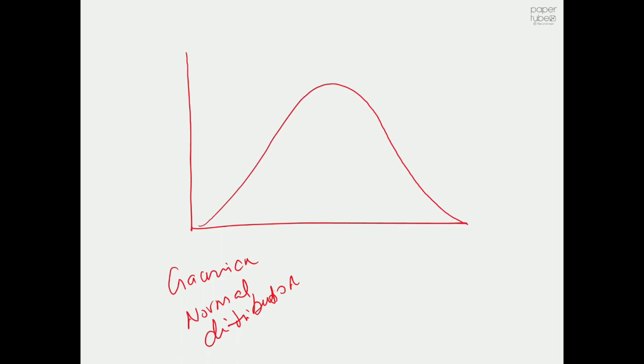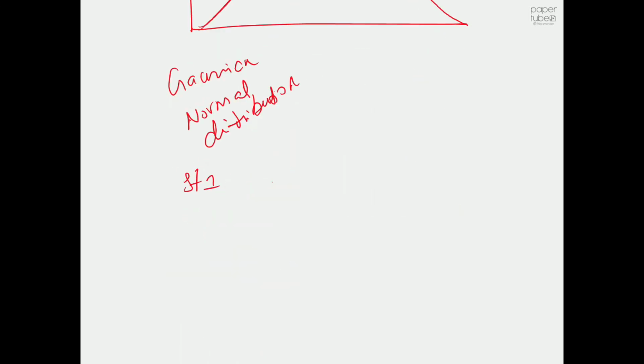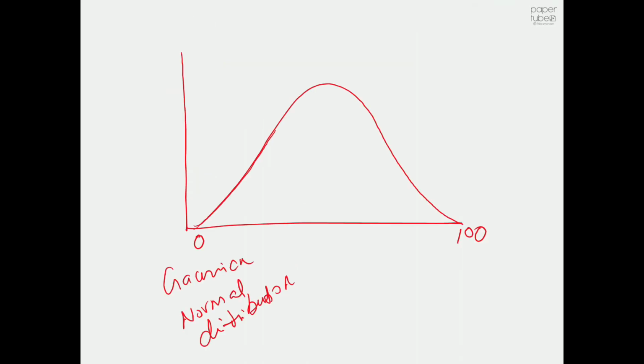Probably you know, if you look at the grading of the students in any of the modules, at the end of the day if you plot them, say student 1 gets 10 marks, student 2 gets 20, and so on, and you plot them from 0 to 100, the class average will be somewhere around the mean value, which is 50 percent.